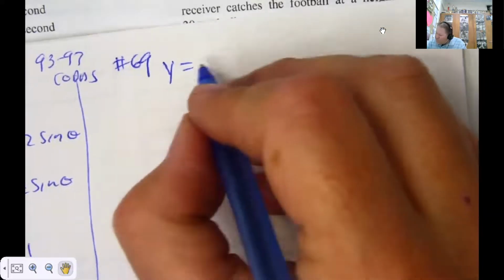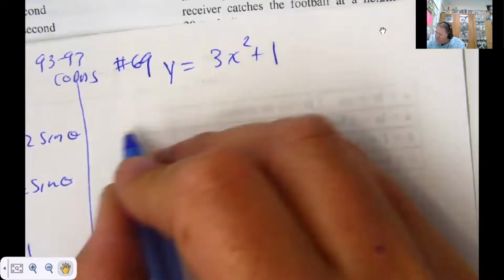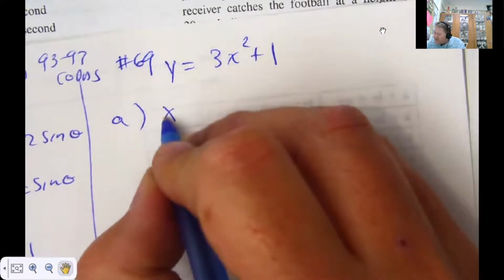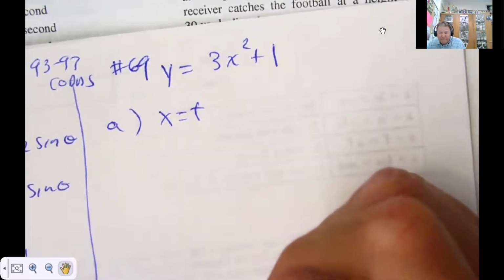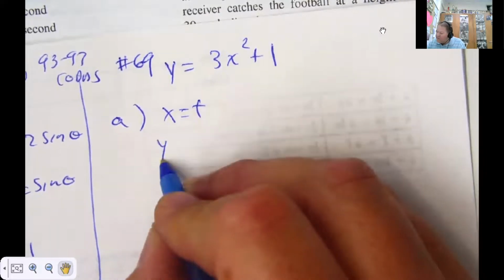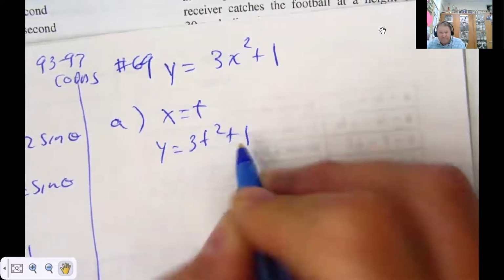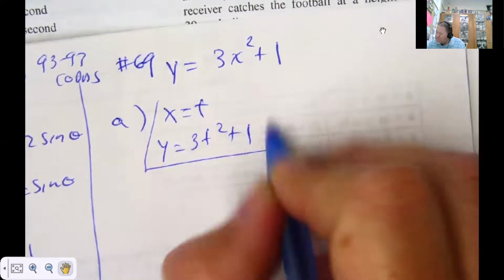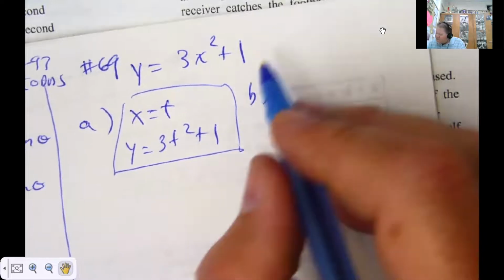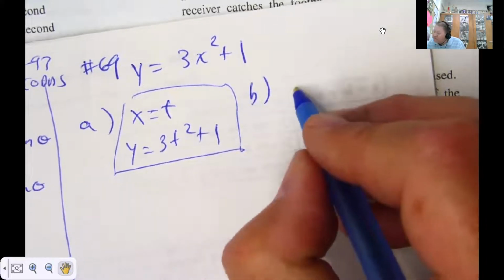Okay, 69 is y equals 3x squared plus 1. So for part A, my x value, it says let x equal t. And then I substitute in for x, so y equals 3t squared plus 1. Ta-da! That easy. And for B, this is going to be where x equals 2 minus t.